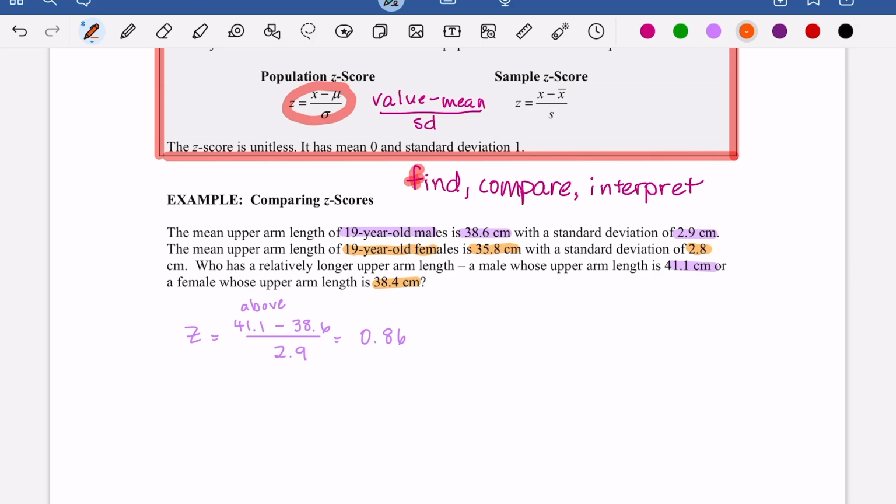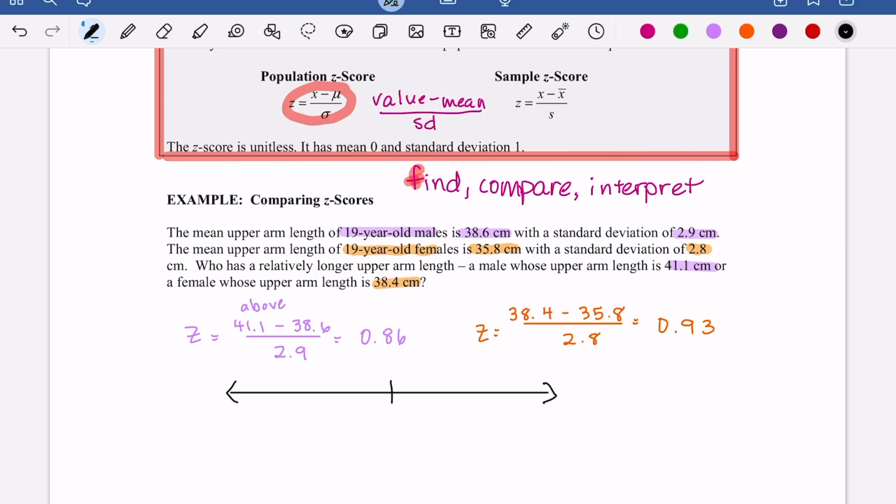Now we're going to calculate the female value. This female has an upper arm length of 38.4 centimeters with an average of 35.8 centimeters and a standard deviation of 2.8 centimeters. When we calculate this, it tells us that this female has an upper arm length that is 93 hundredths above average. When we're looking at whose arm is relatively longer, we're looking at the position in terms of standard deviations.